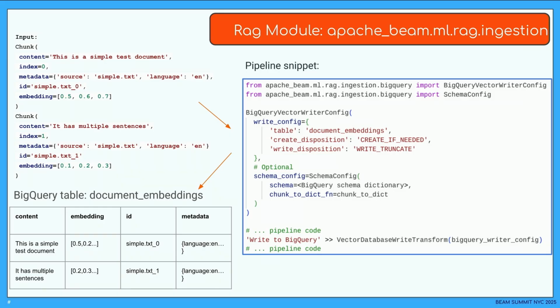We add some configurations: what table to write to, create the table if it doesn't exist, truncate data, and optionally we can map our chunks to our database schema if it's not in the default schema that this transform assumes. As a result of this transform, you can see the BigQuery table has the embeddings and the metadata associated with those embeddings.